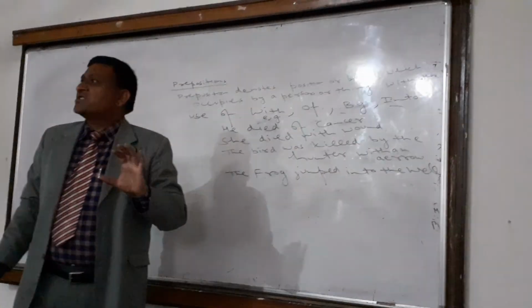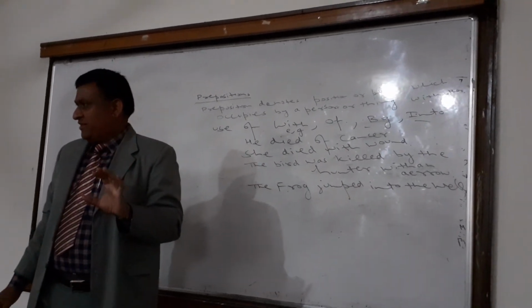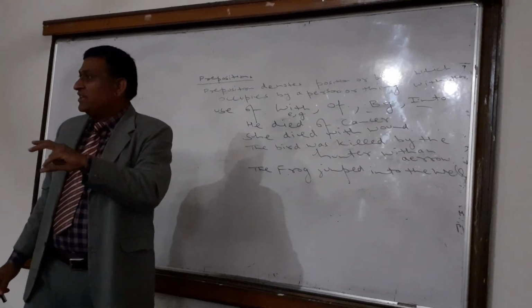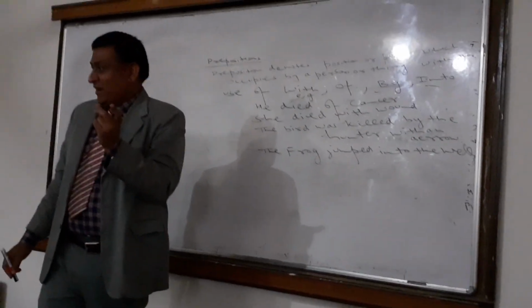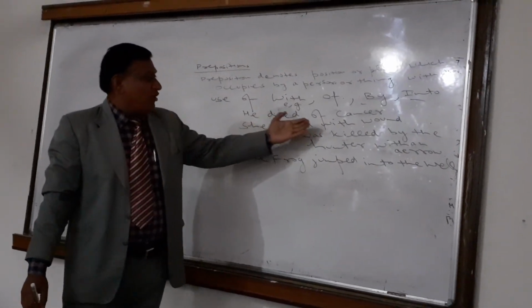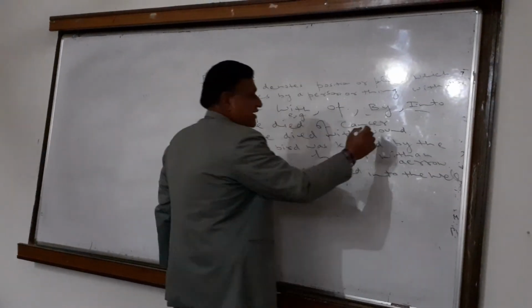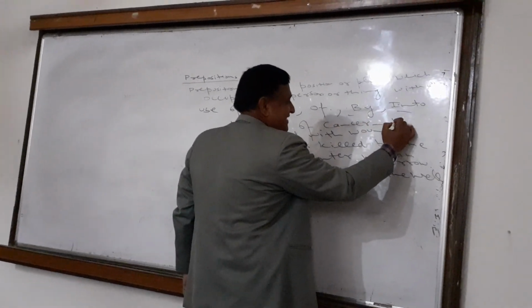With, when we are using with, in many ways we can use this. But this is one of the ways I am telling you. He died of cancer, when we are talking that a person died due to disease.